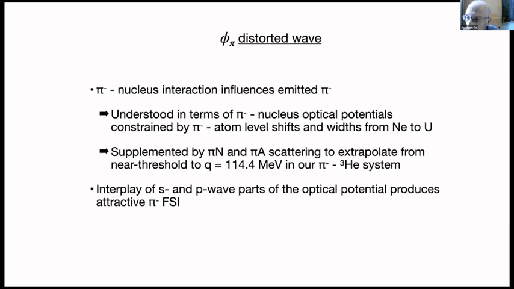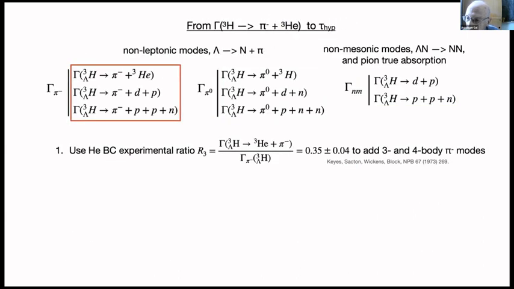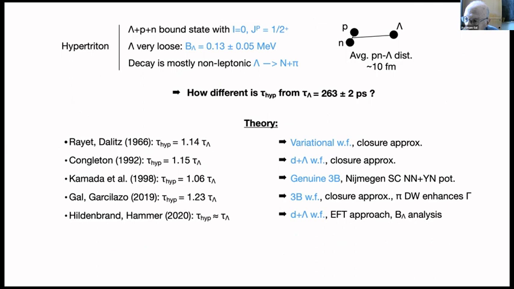So that thing would have reduced Kamada's result much below the free lambda lifetime. I mean, would make the lifetime longer, not shorter, the way we learn it now. So that's a lesson to learn now, that it's not enough to do lambda n. There are small sigma n components which get magnified in this calculation. True. It decreases the rate and increases the lifetime.